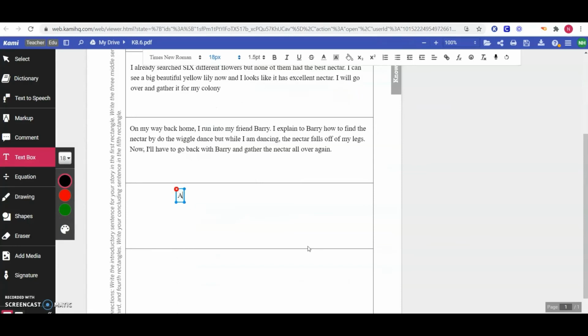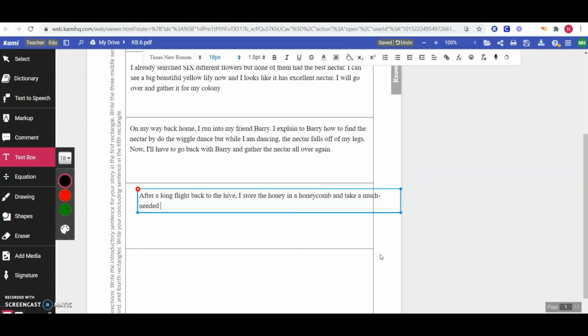So I'm going to say, after a long flight back to the hive, I store the honey in a honeycomb. And take a much needed rest.